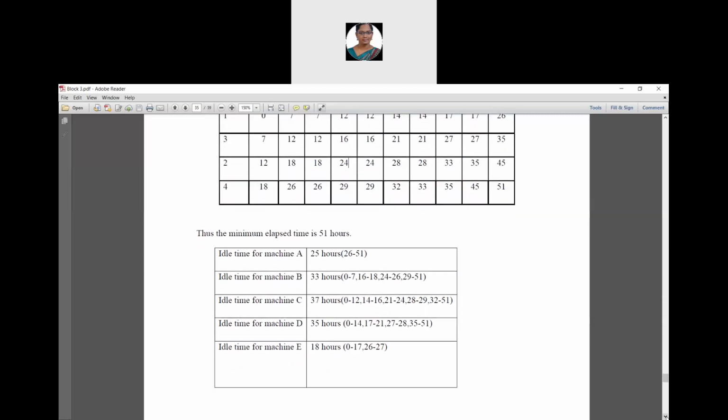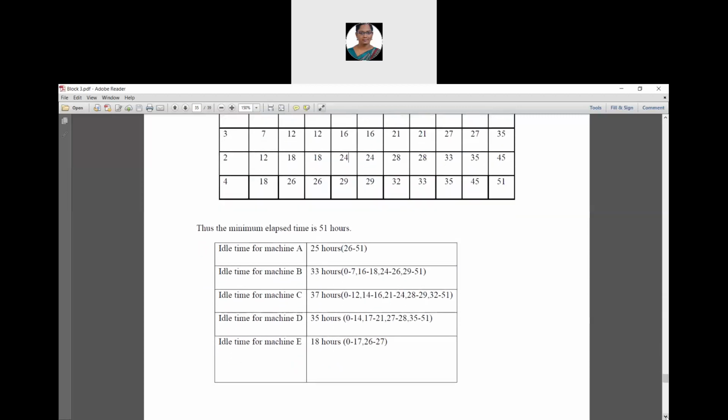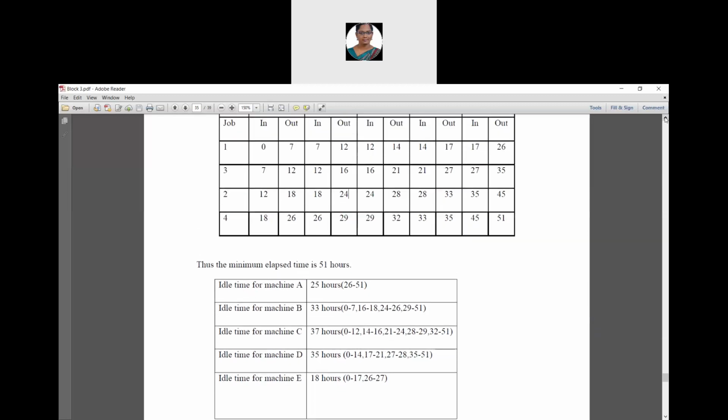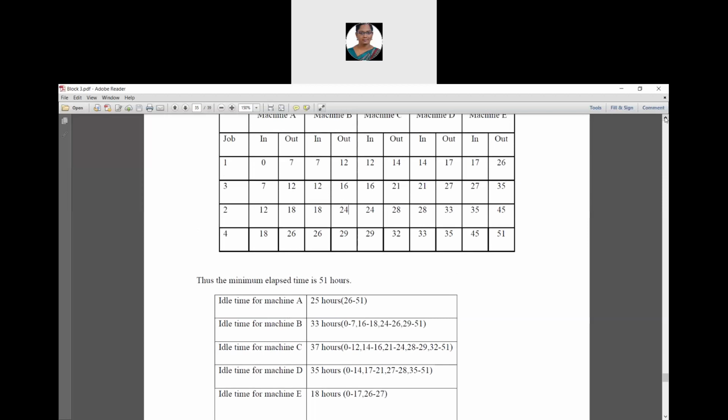Then idle time for machine C. It is the first in value. The first in value for machine C is 12 and the difference between 16 and 14 is 2.